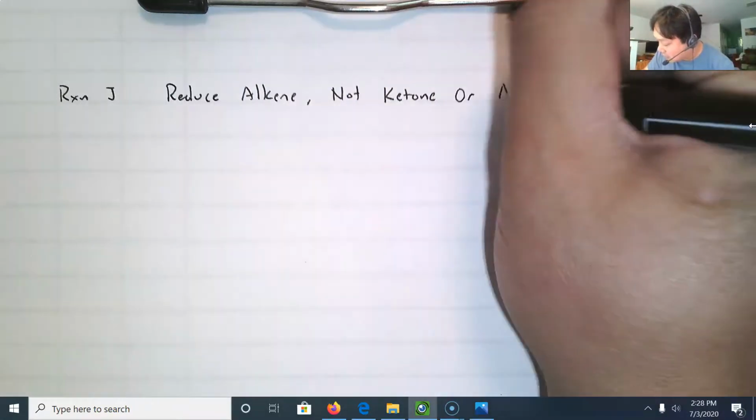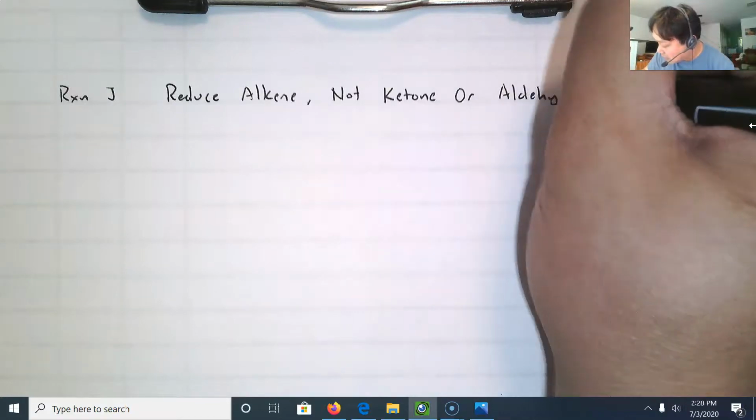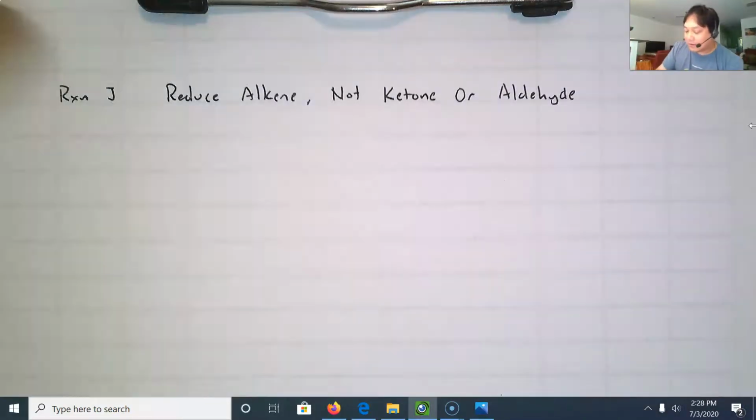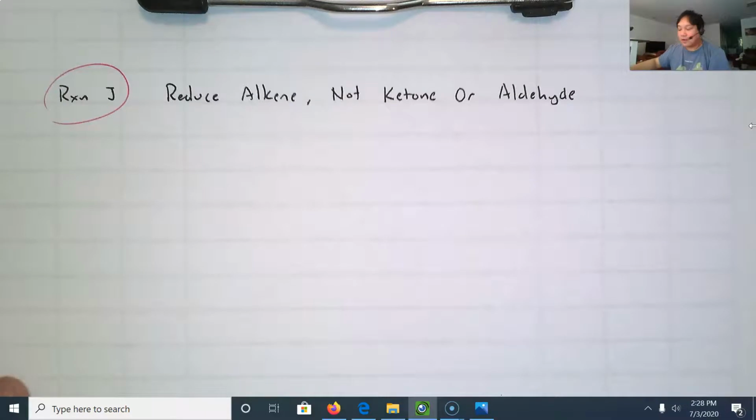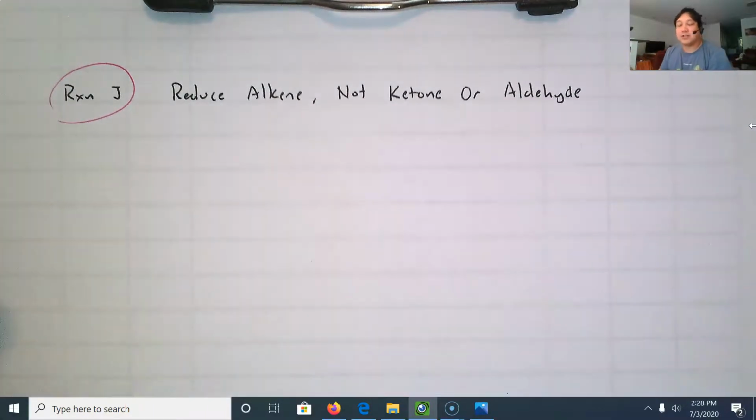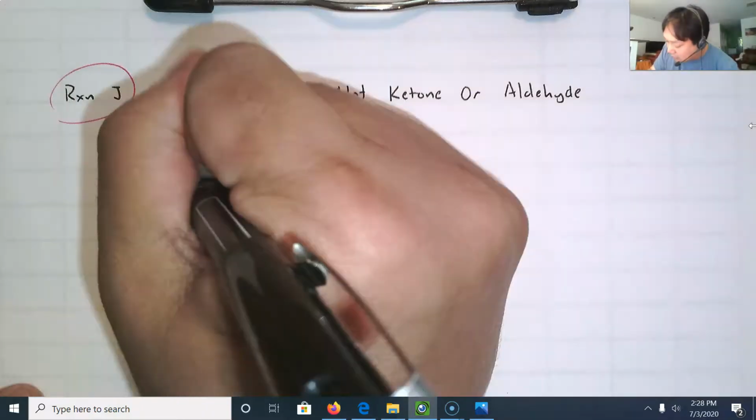Ketone or aldehyde. So that's a cool trick, because if we do hydrogenation with nickel, platinum, or palladium, all the double bonds get reduced.